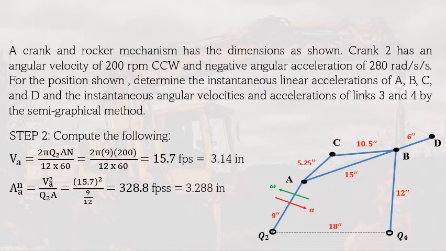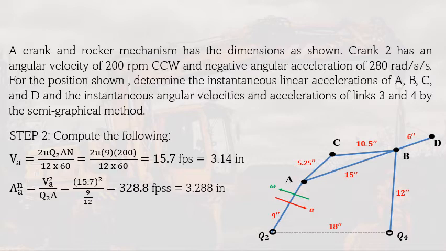Since we already know the velocity of A, we can now also get the normal component of the acceleration of A, using the formula: the velocity of A squared divided by the radius, which is Q2A. Substituting the values, take note that we substitute the actual value, not the scale value.